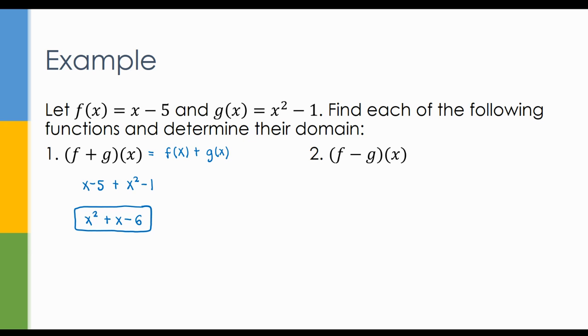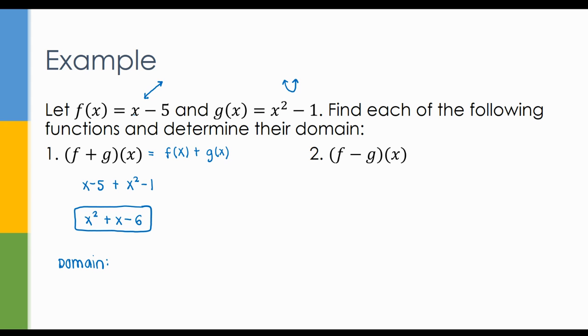Okay, so now I want to determine the domain. Well, if I'm looking at what these functions have in common, the f of x function is a line because it has a degree 1. The g of x function is a parabola because it's a squared term. But if I'm looking at both of those, there's no restrictions on the domain.